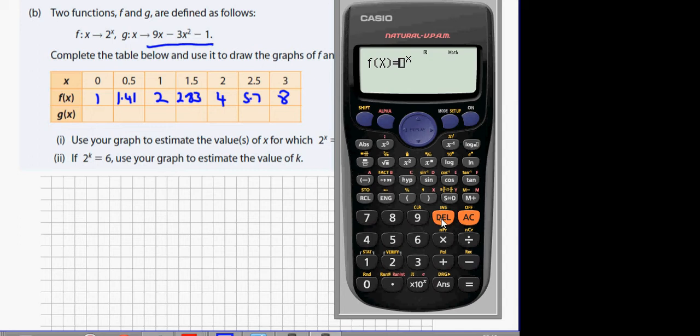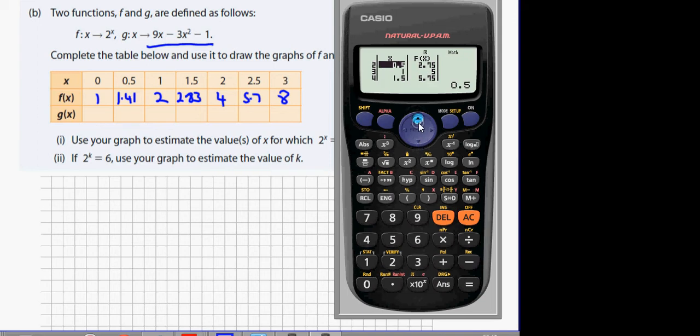And then we're going to have 9x, not 9x squared, minus 3x squared minus 1. 0 to 3, 0.5. 0 minus 1. Minus 1, 2.75, 5, 7.5, 5, 2.5, minus 1.